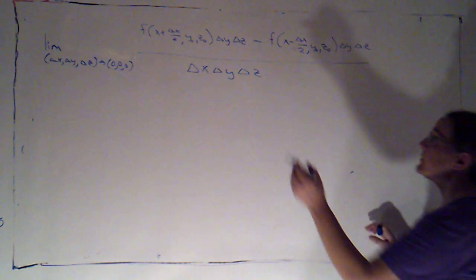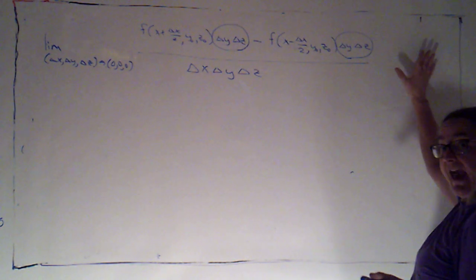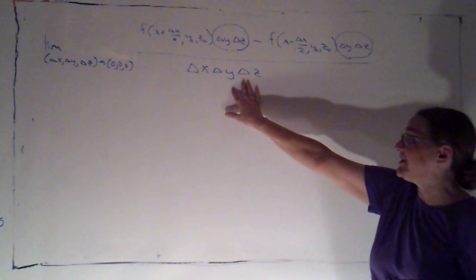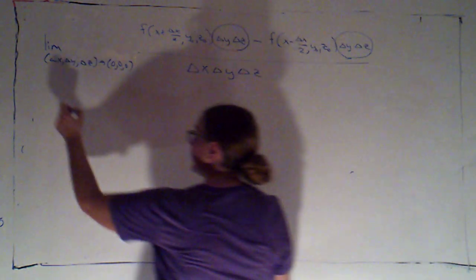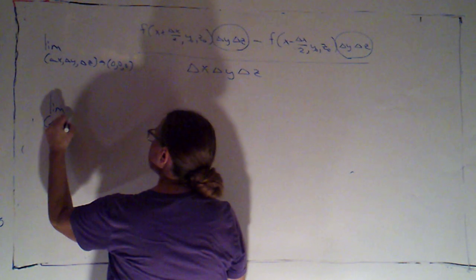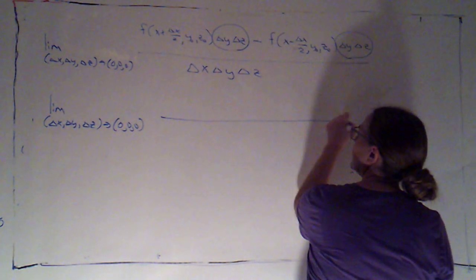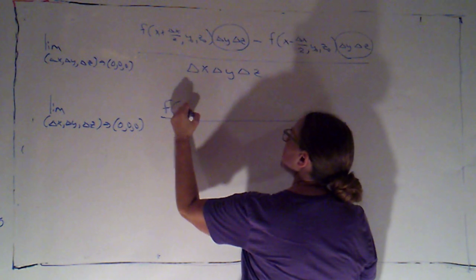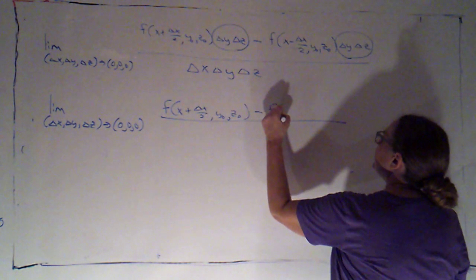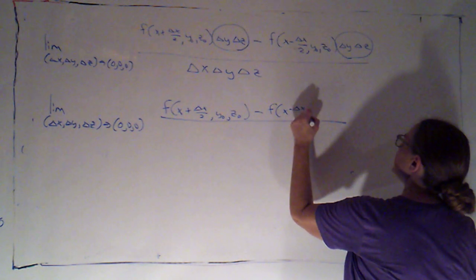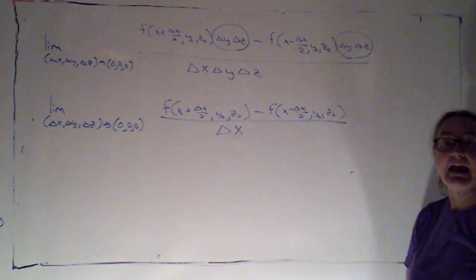Now, in both terms on top, there's a delta y, delta z. So I can factor that out, and then I can see I'm going to be able to cancel it because there's a delta y, delta z on the bottom. So if I factor that out and cancel it, I'm going to have the limit as delta x, delta y, delta z goes to 0, 0, 0 of f of x plus delta x over 2, y naught, z naught, minus f of x minus delta x over 2, y naught, z naught, all over delta x.